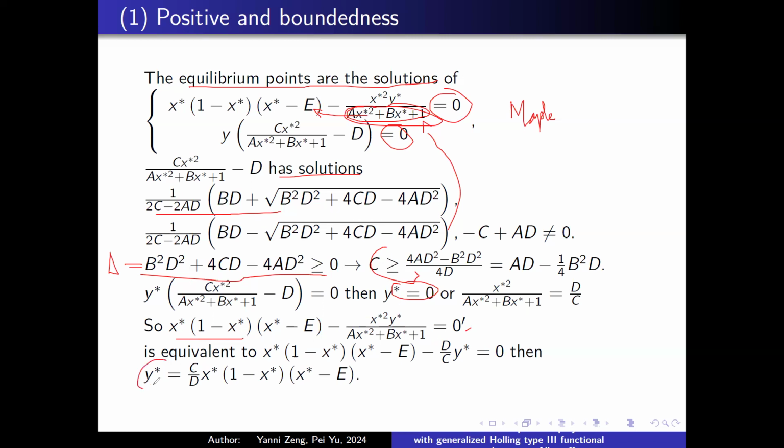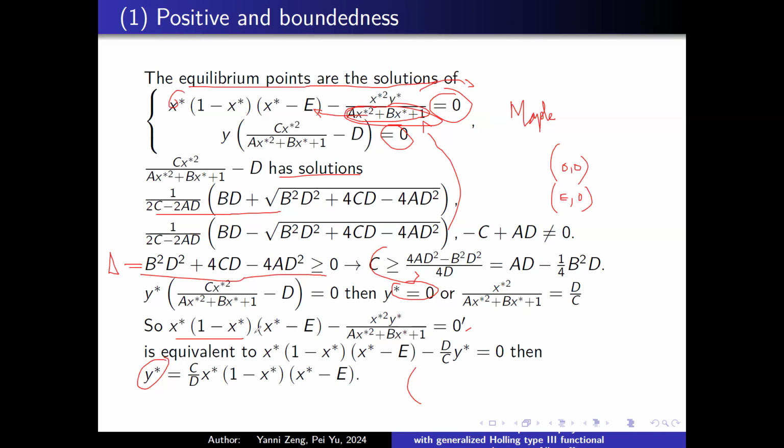Then how many solutions do we have in total? Three solutions. The first one is 0, 0 for the first equation, and the second solution is maybe x by the constant, and the next one is more complicated here with x and y.